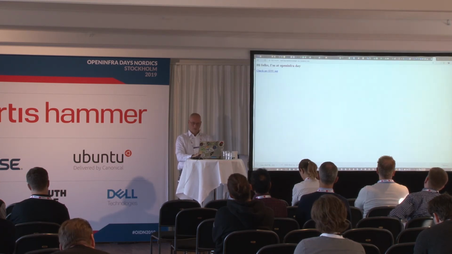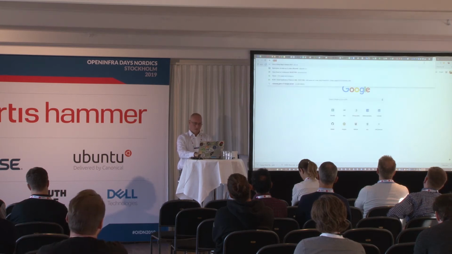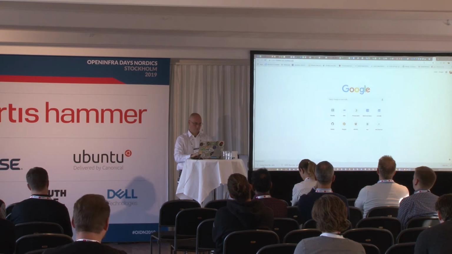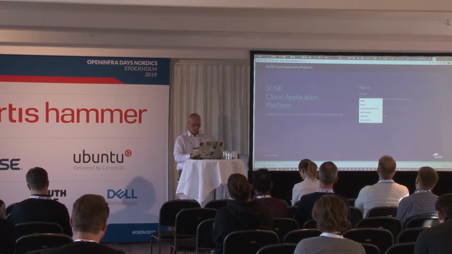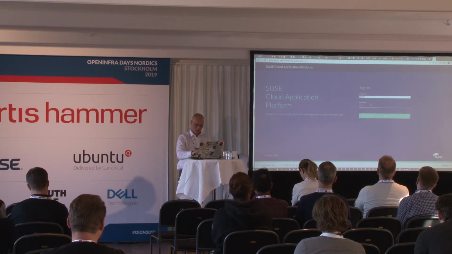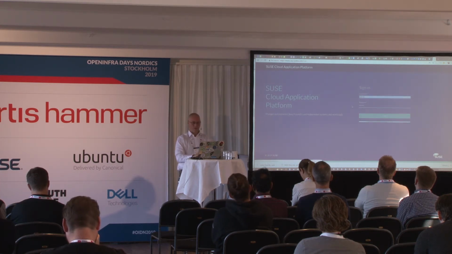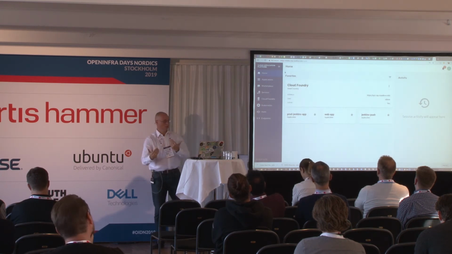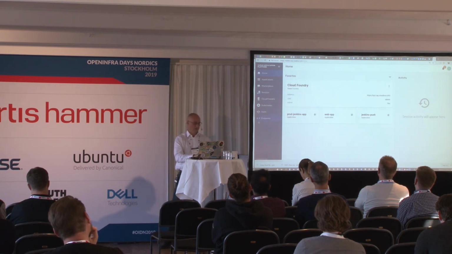And so we have a graphical interface to it. This is something that SUSE has done. It's a graphical interface to Cloud Foundry and also the Kubernetes and other endpoints.